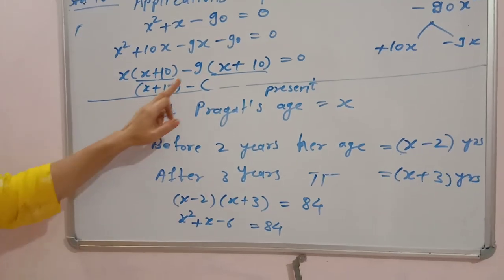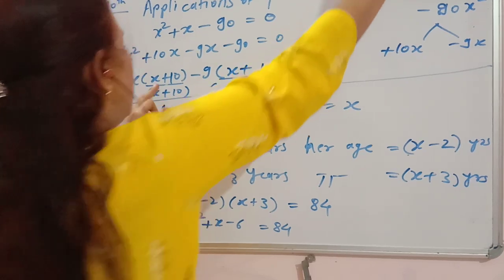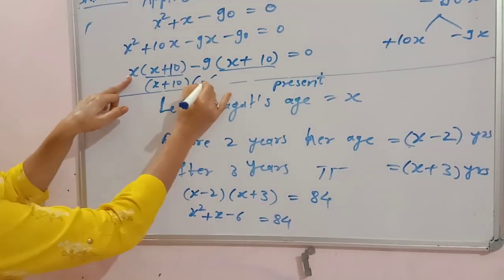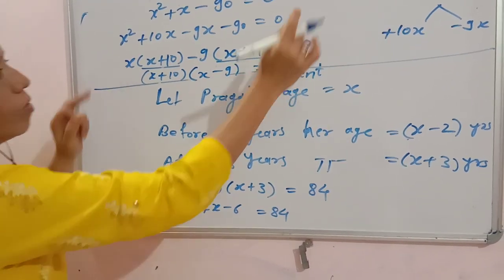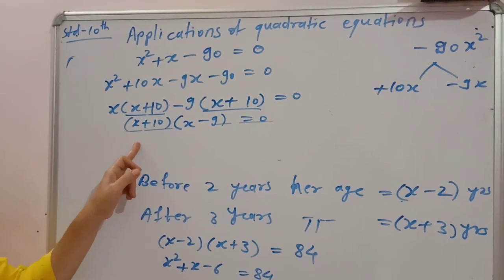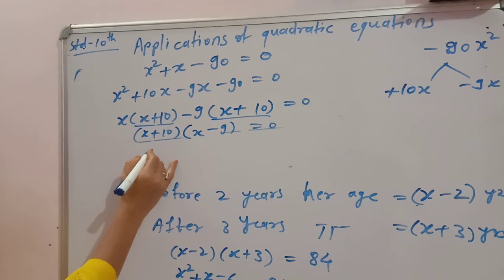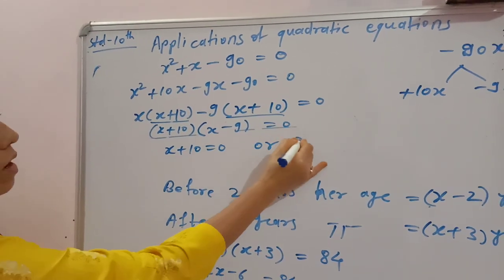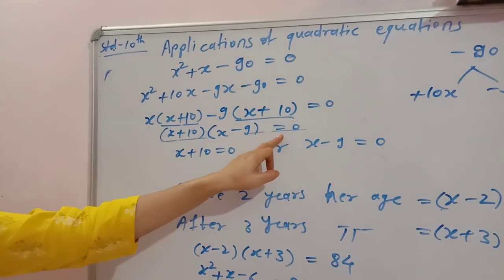Sorry, x plus 10 I have taken, and in the bracket what will be there? x is there minus this 9 is there equal to 0. Again, now when the product of two terms is 0, any one of the two is 0. That is, x plus 10 equal to 0 or x minus 9 equal to 0. Then only the product 0 is possible.